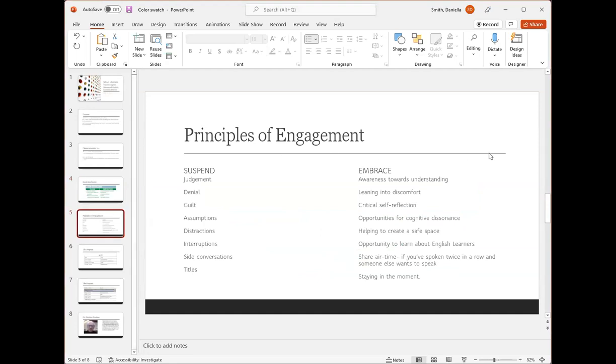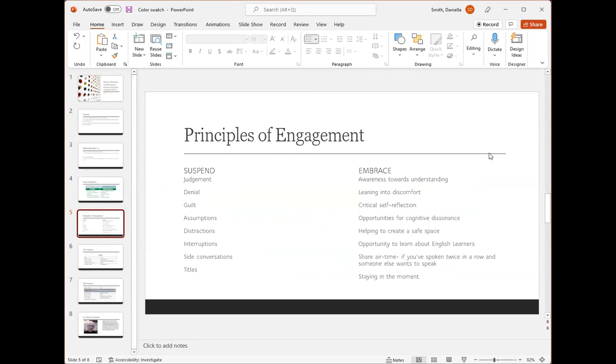Some principles of engagement. We come from a wide variety of backgrounds. Going into this whole exploration of how we work with English learners, I'm going to ask you to do a couple of things.